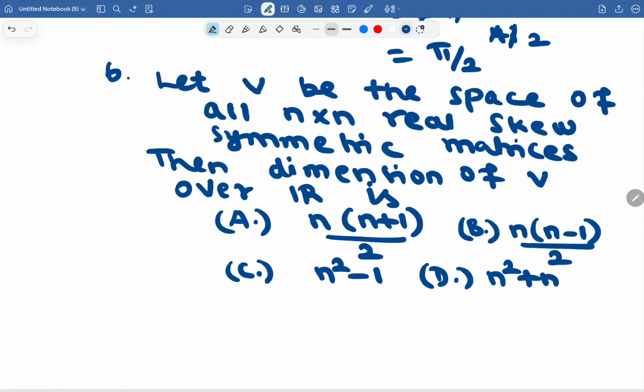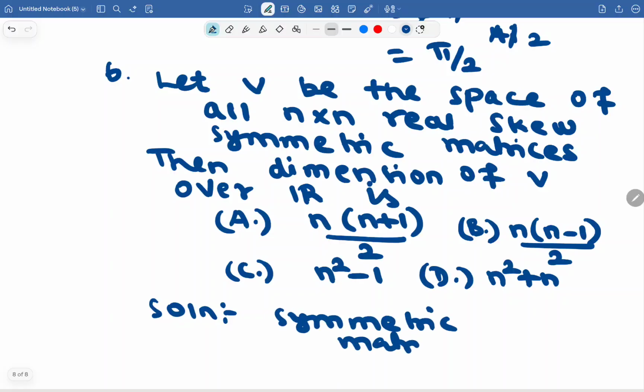This is to find the dimension for all n cross n real skew symmetric matrices. Obviously, for symmetric matrix, dimension of V over R is n into n plus 1 by 2.